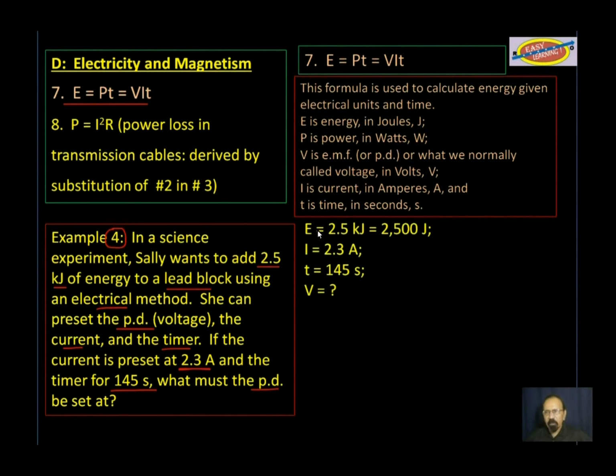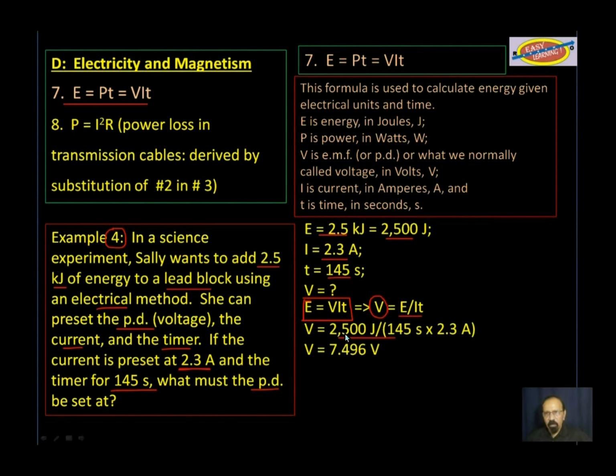So we are given the energy in joules, current in amp, time in seconds. We want to find V. E is equal to VIT. Change the subject of the formula to V, and we get V is equal to E over IT. Substitute the numbers we are given, and we get 7.496 volts.